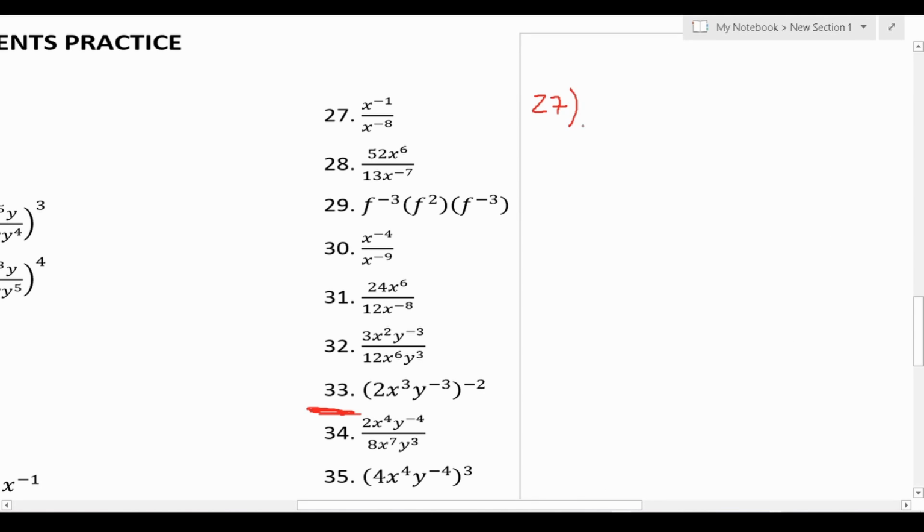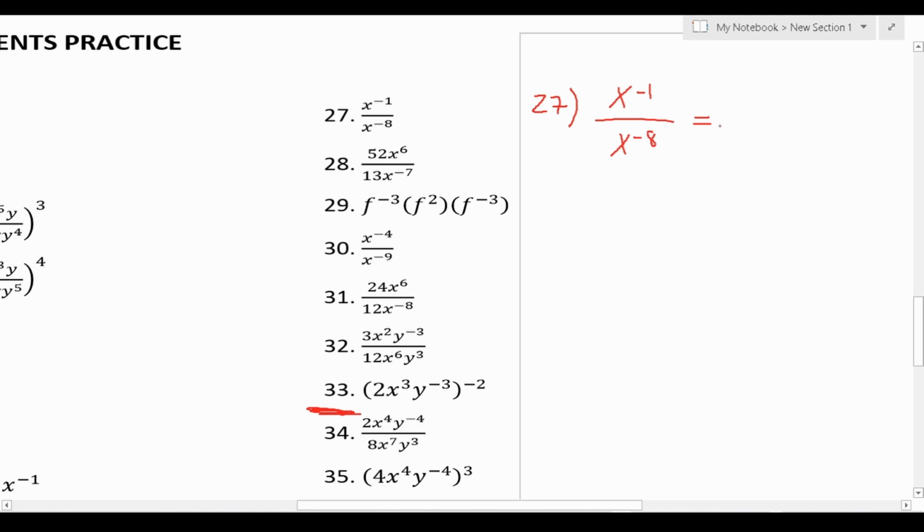27, we have x to the negative 1st over x to the negative 8th. All right, so we can see that we have a few options as to what we can do to solve this one. We can either shift the exponents first and then apply the quotient rule, or we can just do the quotient rule and then apply the negative exponent rule. I'm going to go ahead and rewrite this using the negative exponent rule.